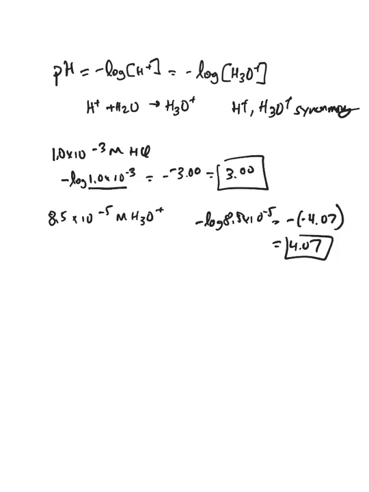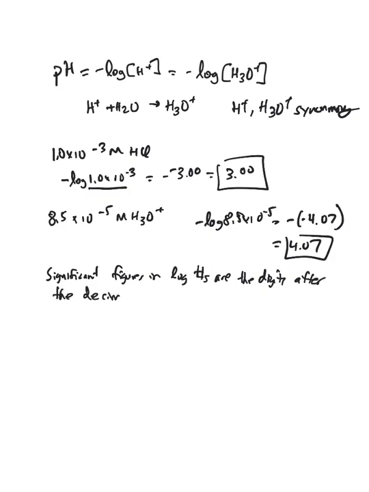We're dealing with logarithms, and the rule for logarithms is that significant figures in log numbers are the digits after the decimal place.